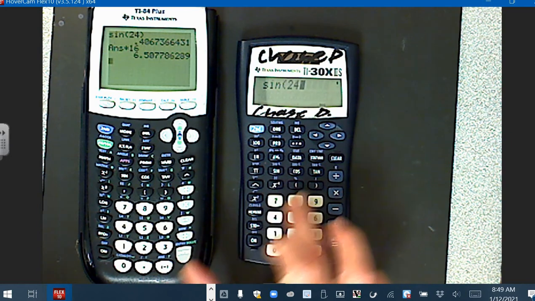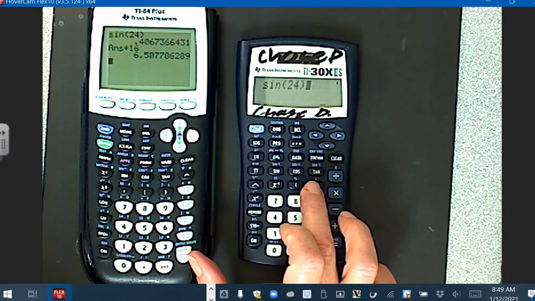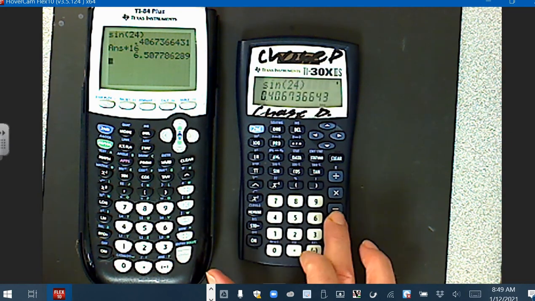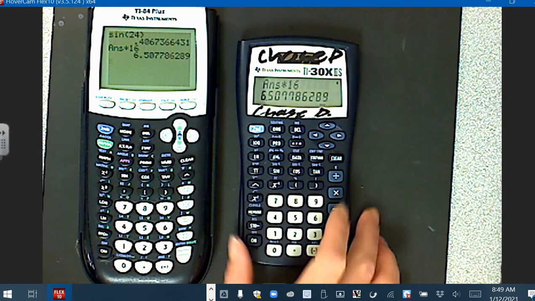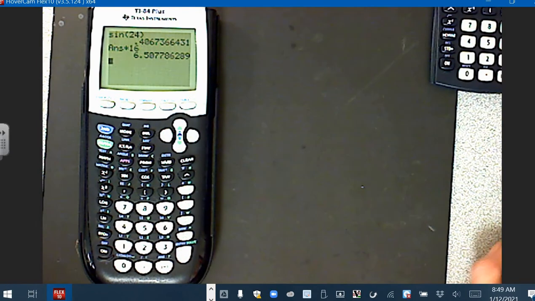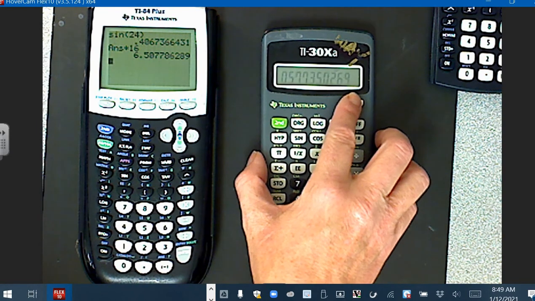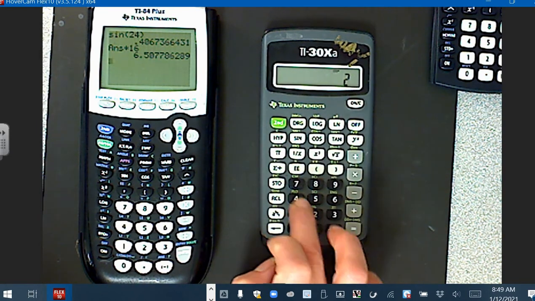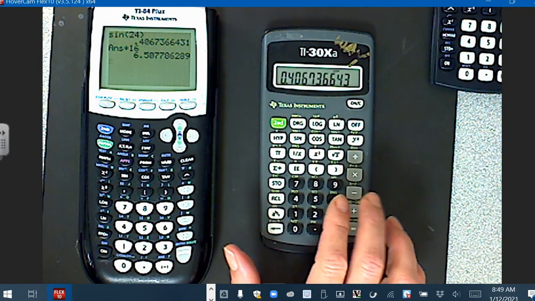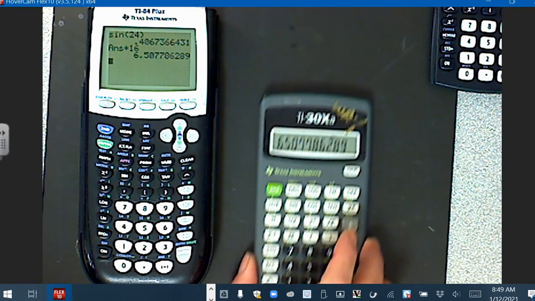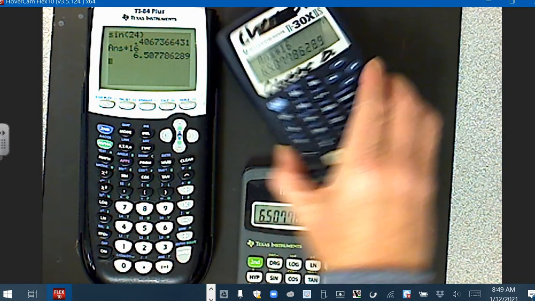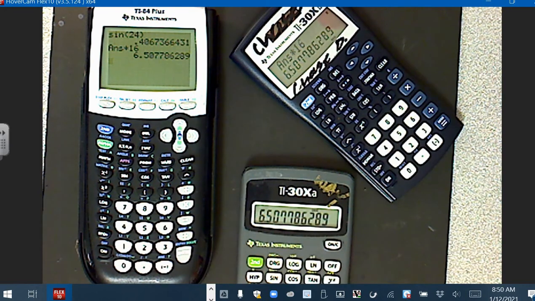Sine 24, close the parentheses, equals, times 16, equals. For this calculator, you go backwards. You have to start with the 24. So you go 24 sine times 16. Notice you're getting the answer for all three of them. And you take it to the second decimal, which is going to be 6.51.